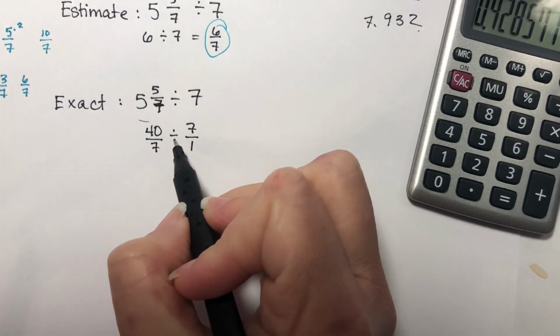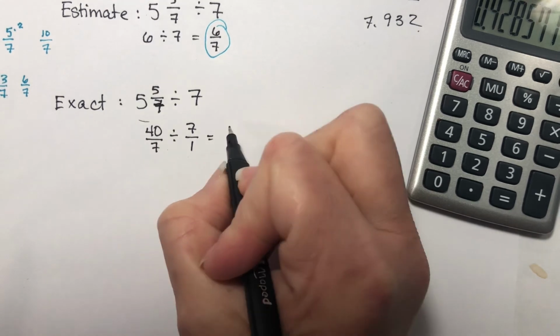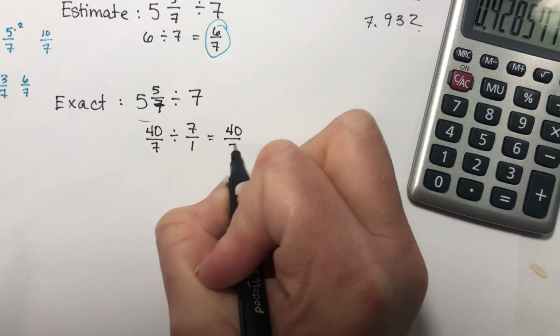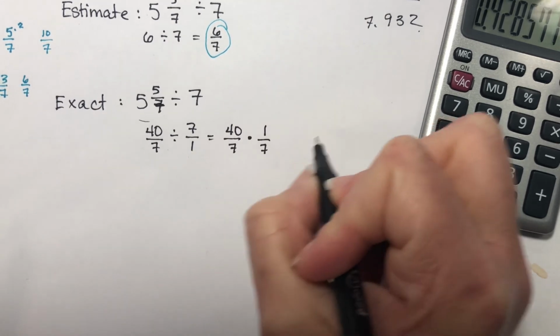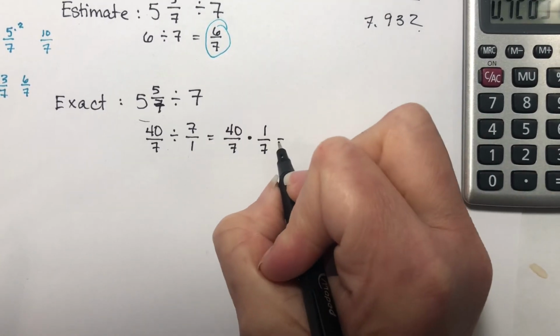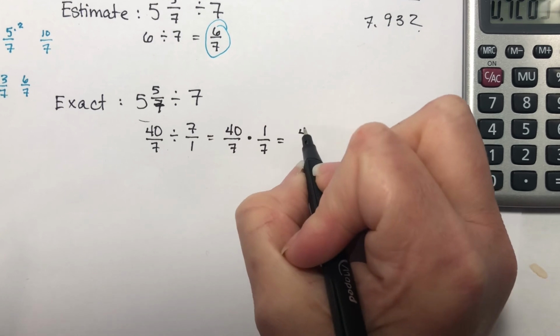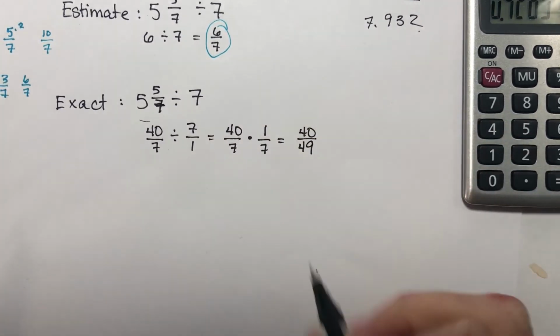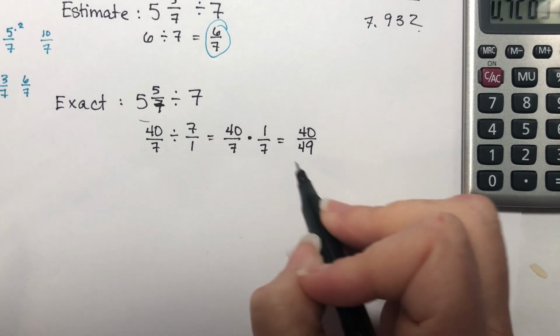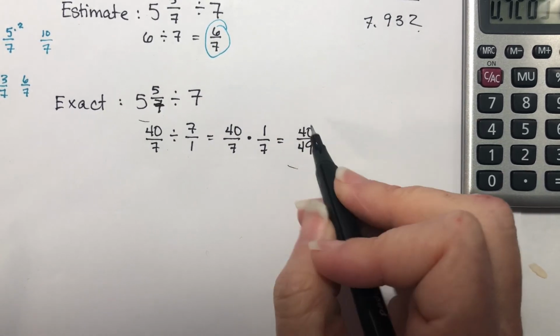Keep it, change it, flip it. 40 over 7 times 1 over 7. Nothing reduces, so multiply straight across. 40 over 7 times 7 is 49. This does not reduce, so this would be my answer.